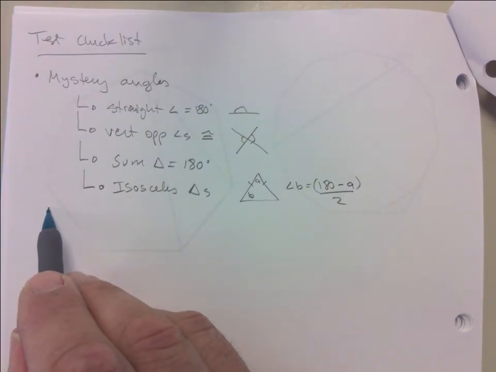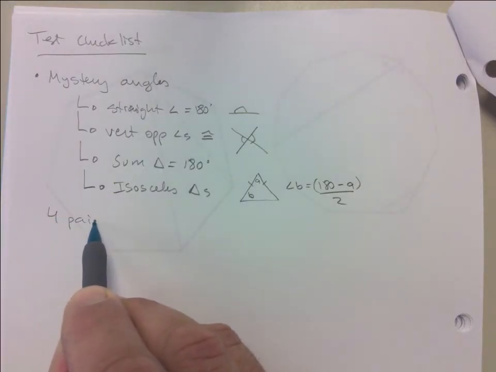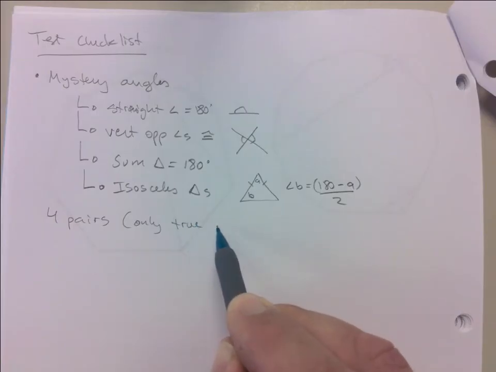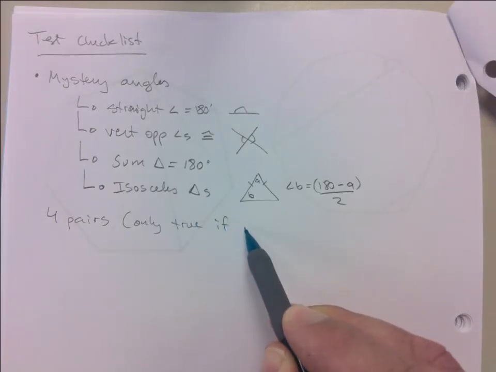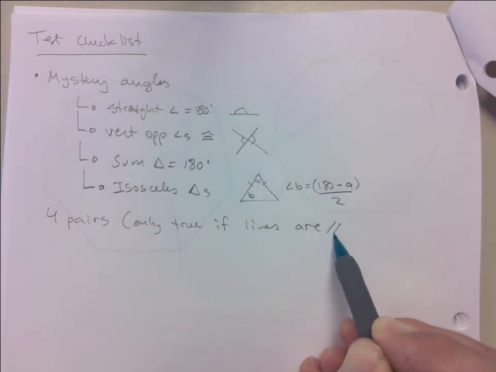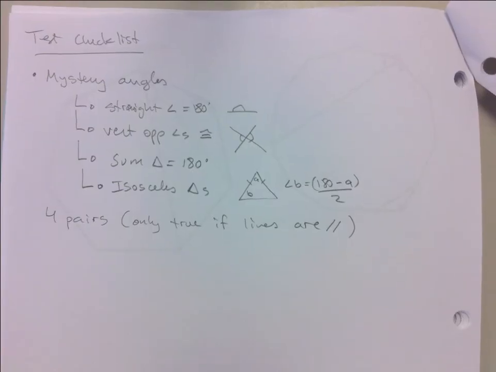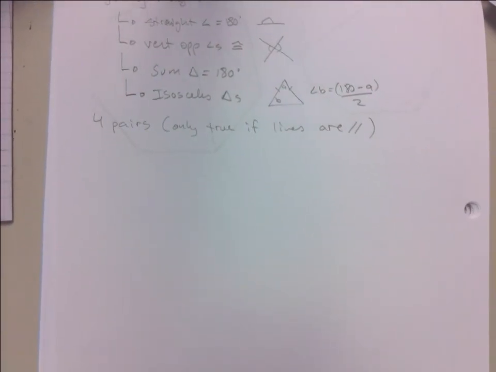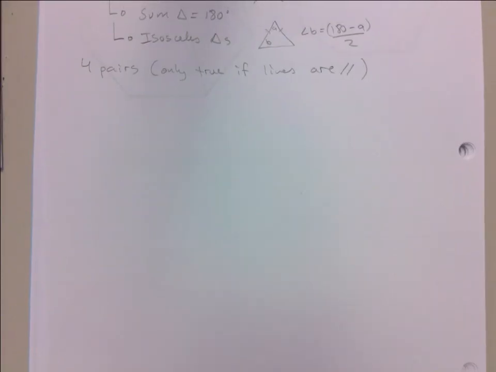You also need the 4 pairs. These are only true if the lines are parallel. So that's a big if.